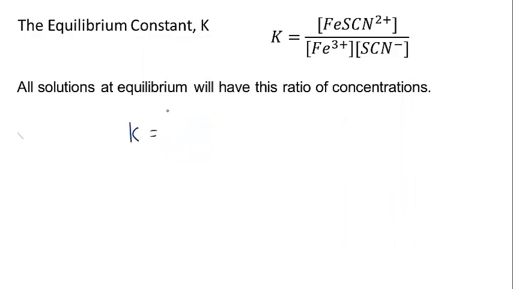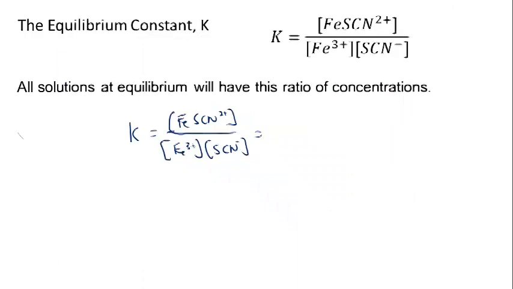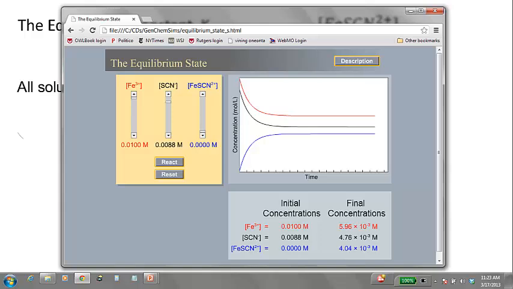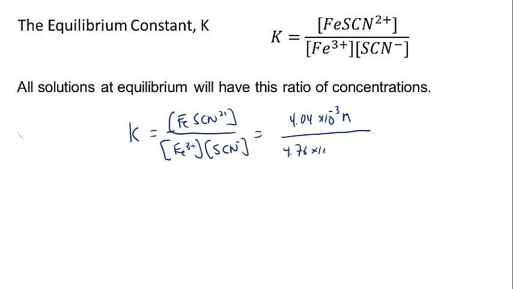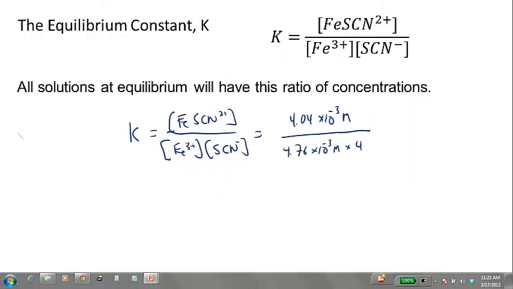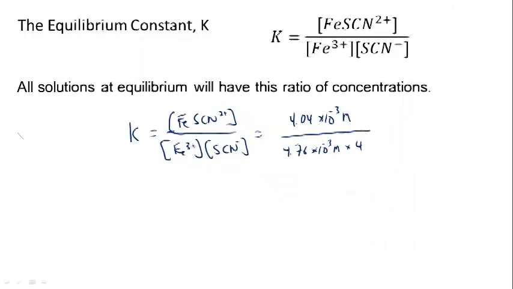So K is going to equal the concentration of FeSCN2+ over the concentration of Fe3+ times the concentration of SCN-. Using our concentrations, the FeSCN2+ is 4.04 times 10 to the minus 3 molar, divided by 4.76 times 10 to the minus 3 molar times 5.96 times 10 to the minus 3 molar. If we divide those out, we get 142.